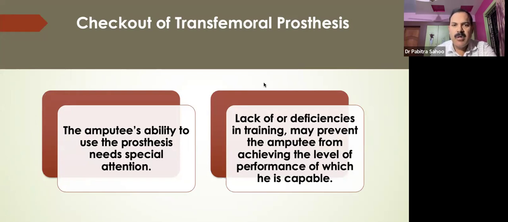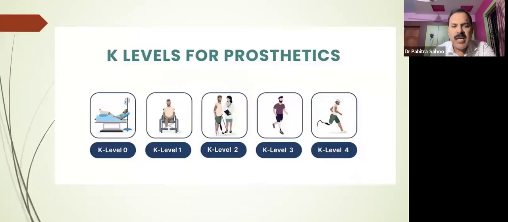Check out a transfemoral prosthesis. The amputee's ability to use the prosthesis needs special attention. As I said, when we prescribe a prosthesis, we sometimes look at the K level of the patient. But if the prosthesis is appropriately fitted with an appropriate stump, then we can improve the K level of a patient.